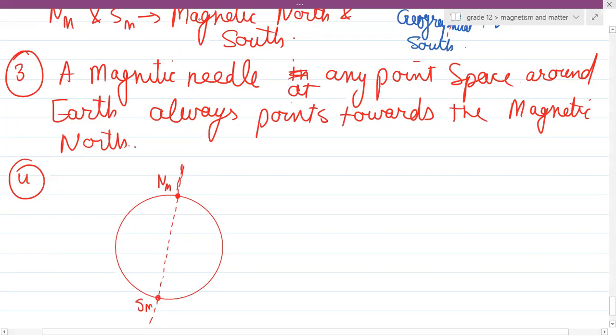There is a reason behind it. Since we were initially unaware of what? We were initially unaware of the magnetic field of Earth.